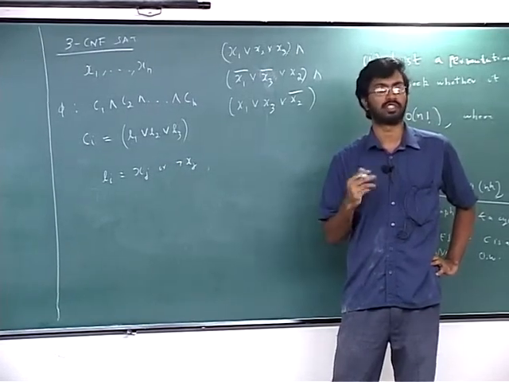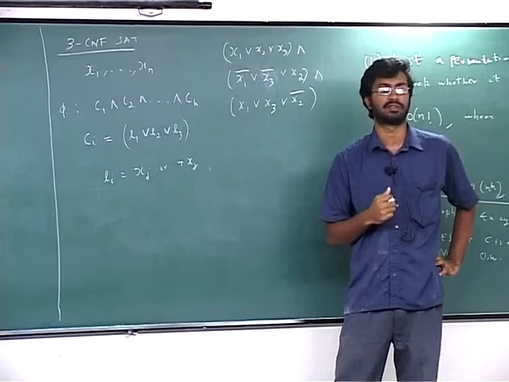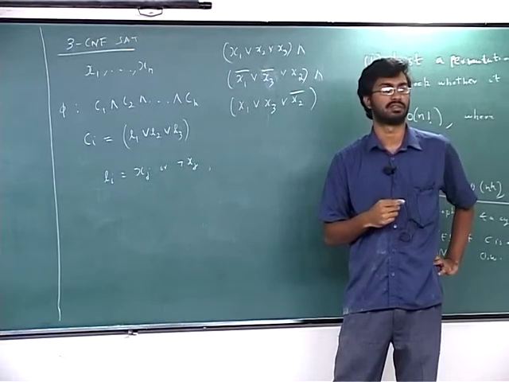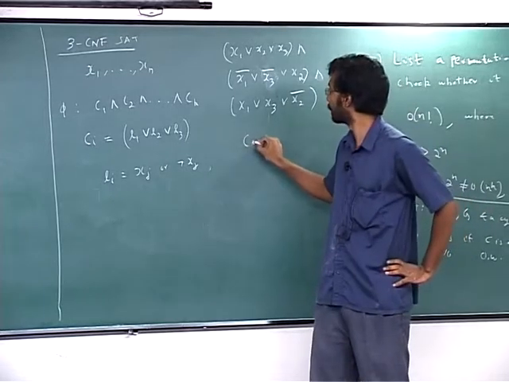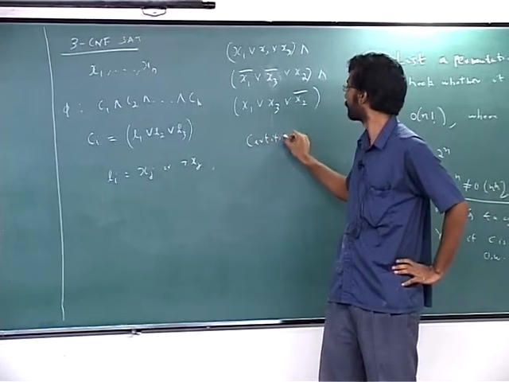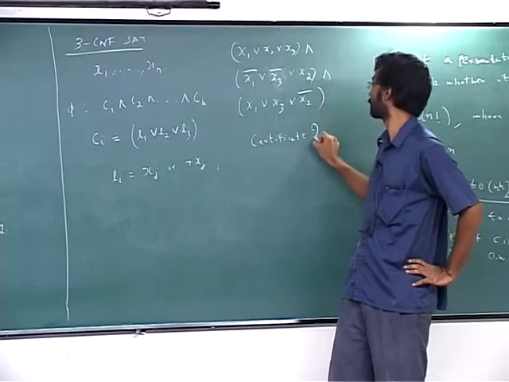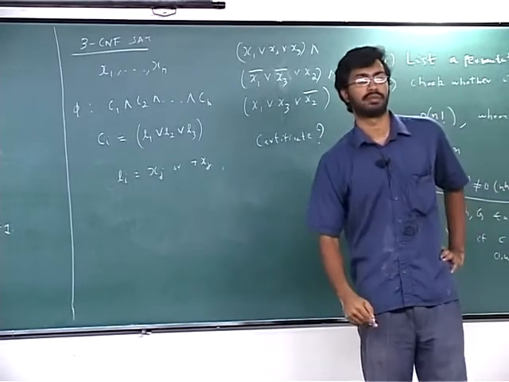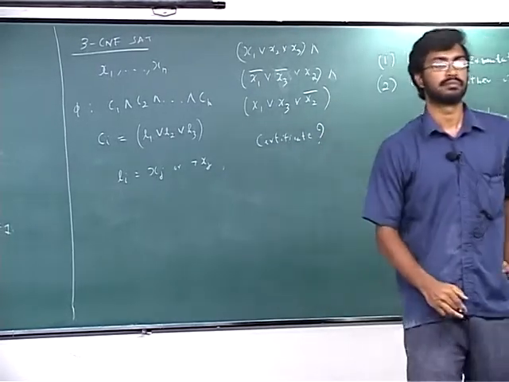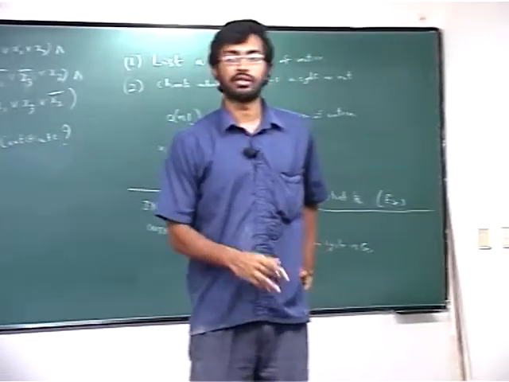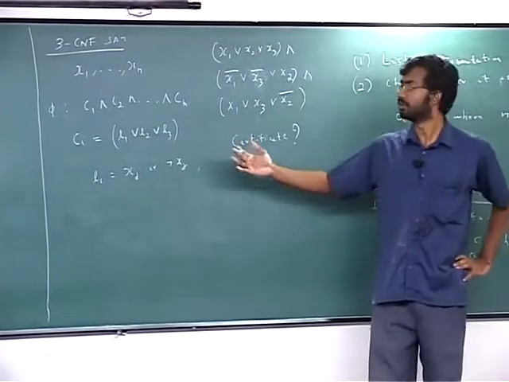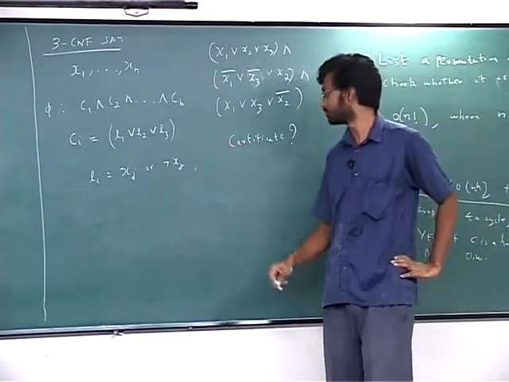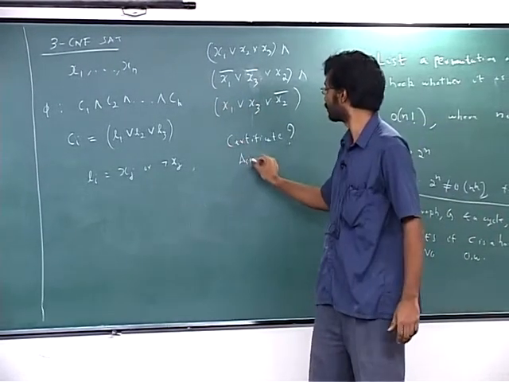So what is the certificate which you can give here, and what is the algorithm? Okay, so she is saying give an assignment. So the certificate is basically an assignment to each of the variables.